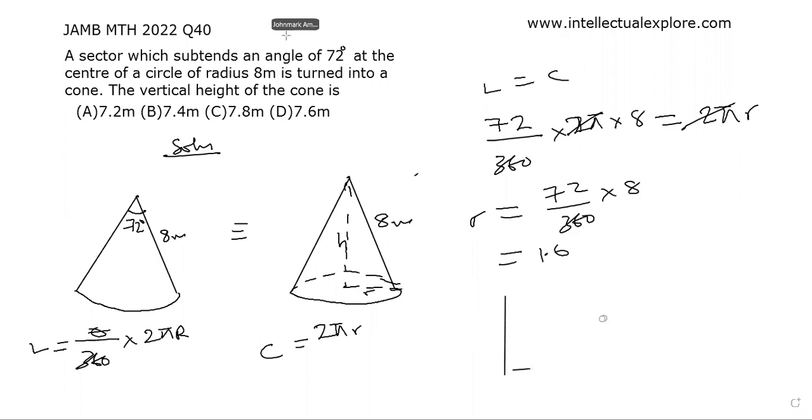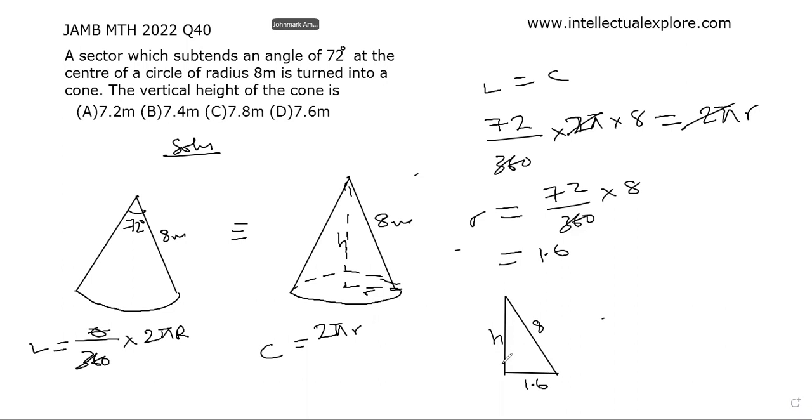If you draw that right angle triangle out, okay, so successfully drawn it out, you now find the radius, which is this bottom, is now 1.6. And then this slant height, the fullest slant height, is 8. And here remains the height.